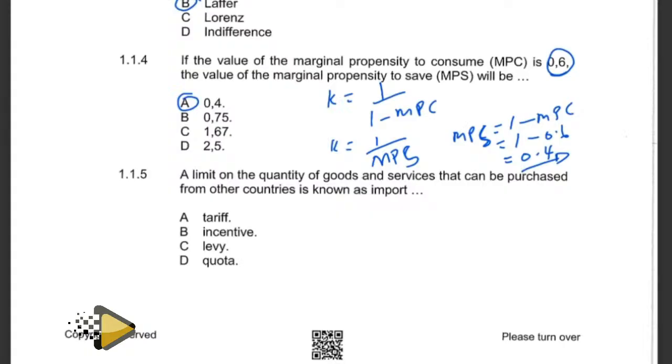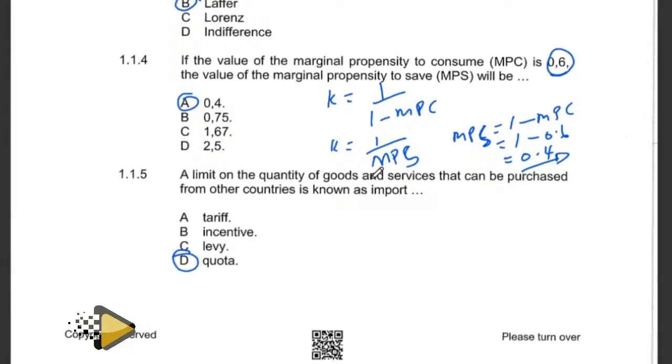Also, we have the incentive as well. If you still remember, we talk of whatsoever privilege that is actually given. Then we talk of a levy. Levy in this regard, we refer to a charge. So now we have a quota. A quota refers to a limit of quantity, or a certain quantity that is allowed to be imported into a certain country. So it means in this regard, our appropriate answer is going to be D.